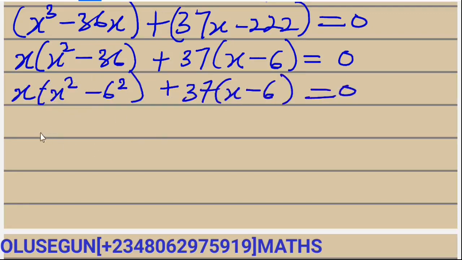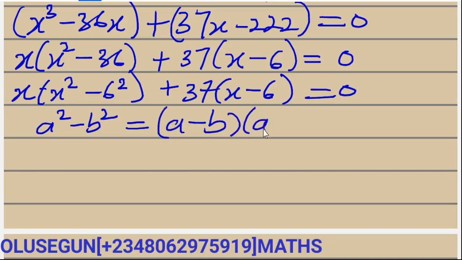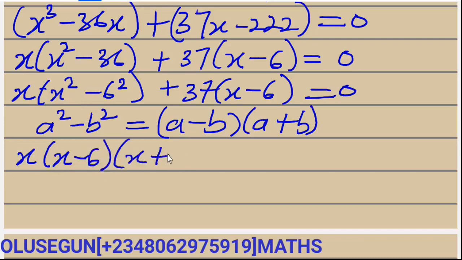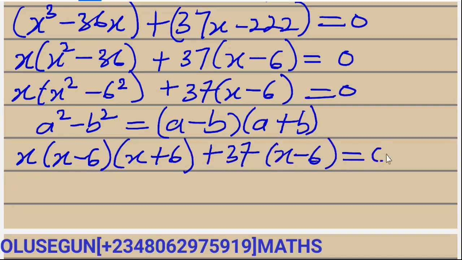Let's remind ourselves about a squared minus b squared, which is equal to a minus b onto a plus b. So let's write this to have x onto x minus 6 onto x plus 6, plus 37 onto x minus 6 is equal to 0.